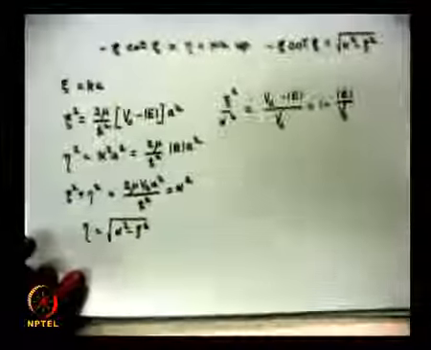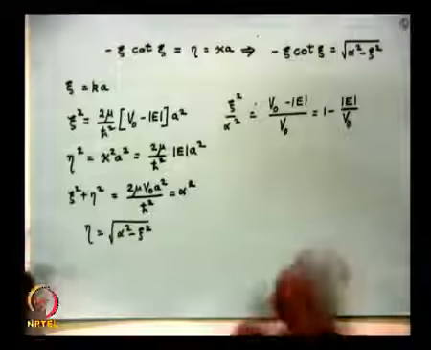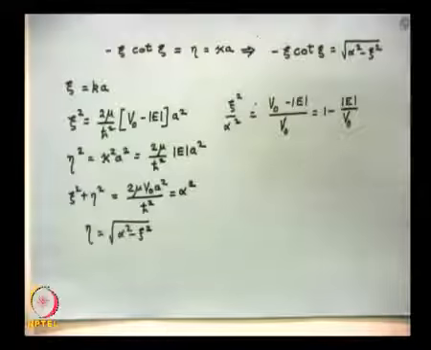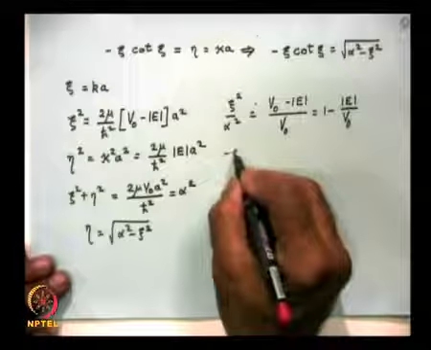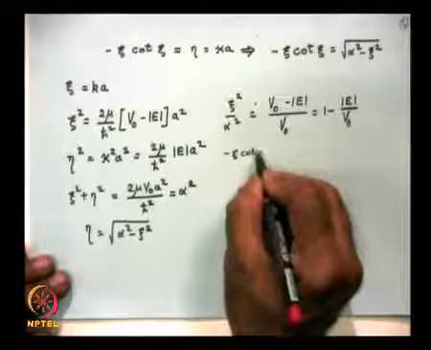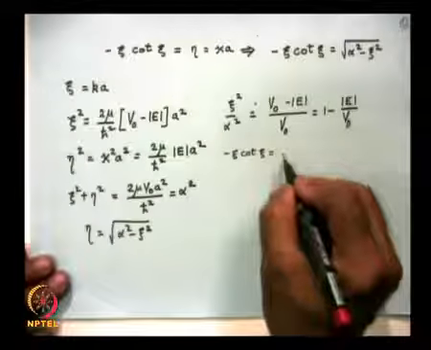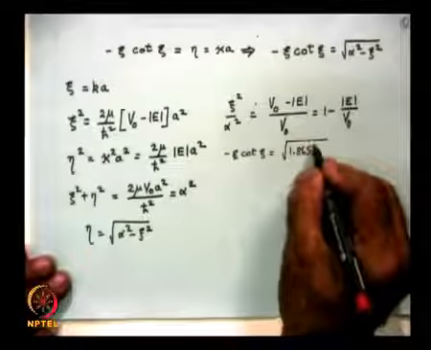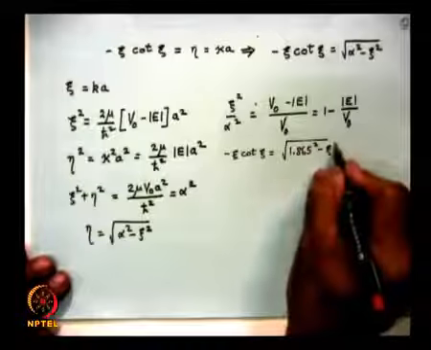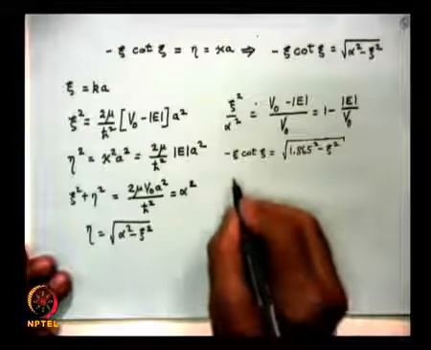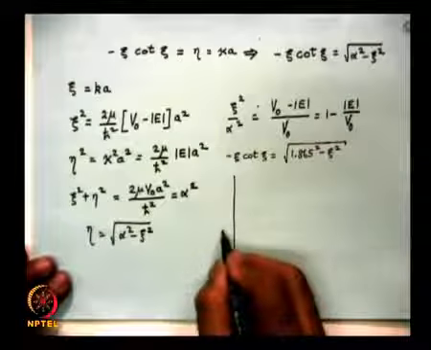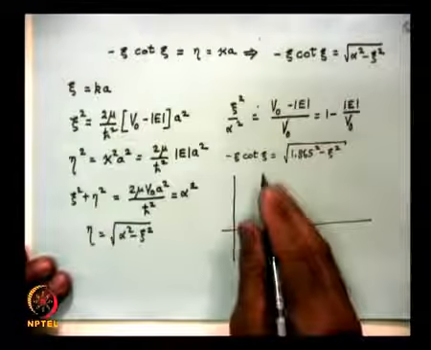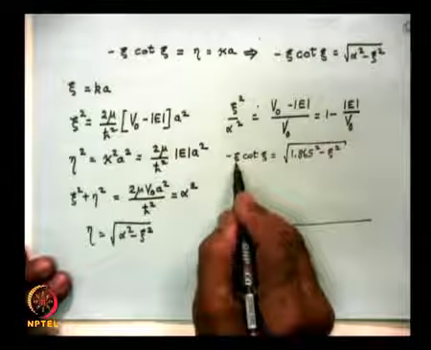So, we go back to this transcendental equation. We have calculated the value of alpha. So, the transcendental equation becomes minus xi cot xi is equal to under root of 1.865 whole square minus xi square. So, I plot, as we had done, at xi equal to 0, this goes to infinity, this goes to 0.